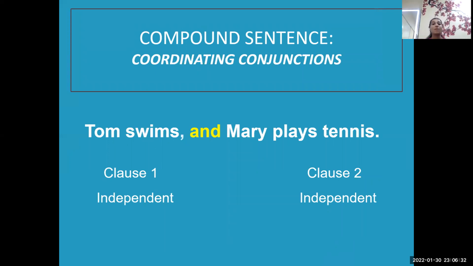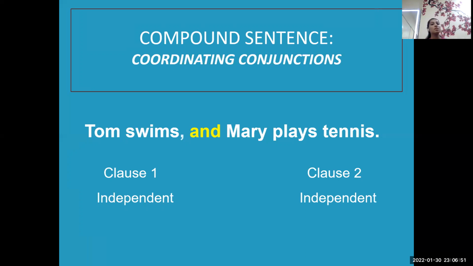This is the one example that we used before. When I mentioned that independent clauses are used, what does it actually mean? It means that the subjects and predicates that were used before can actually stand alone as their own sentences.